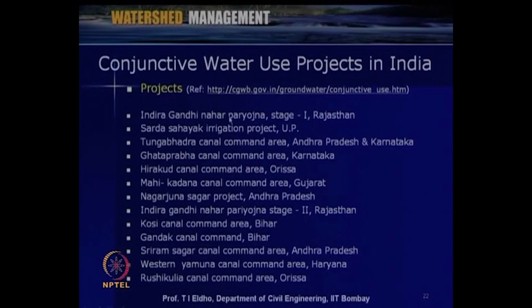They include the Indira Gandhi Nahar Pariyojana project, the Sarda Sahayak irrigation project in UP, the Tungabhadra Canal Command area, the Malaprabha Canal Command area, and the Hirakud Canal Command area. A number of projects are listed under the conjunctive water use plans.